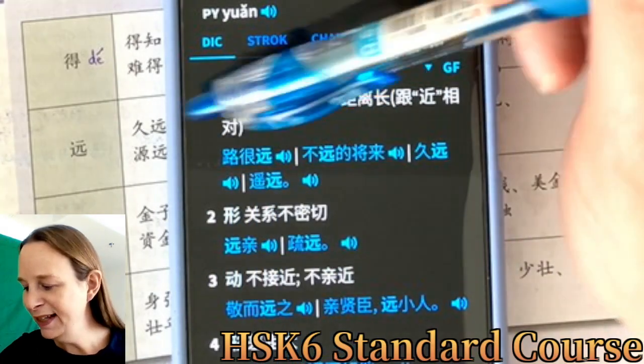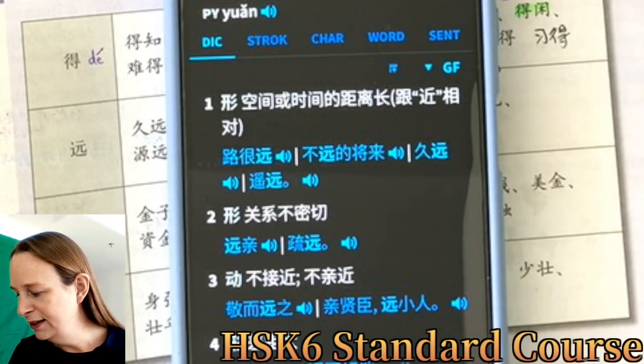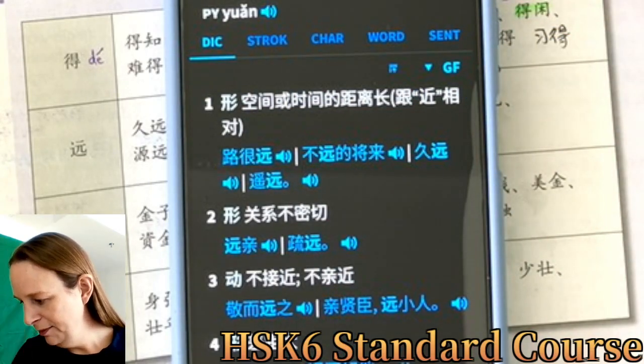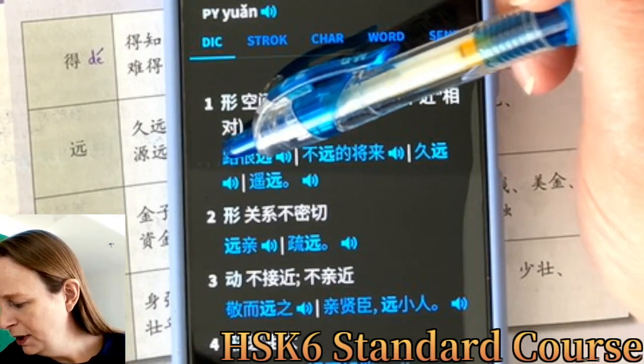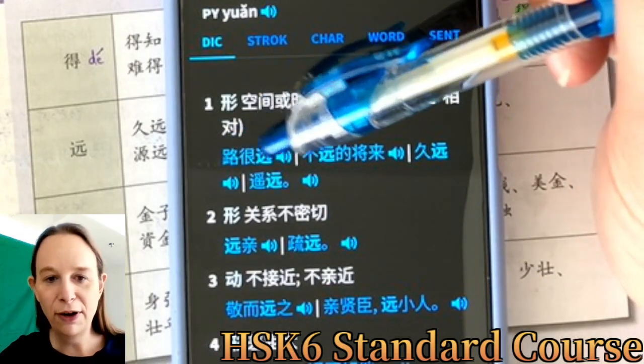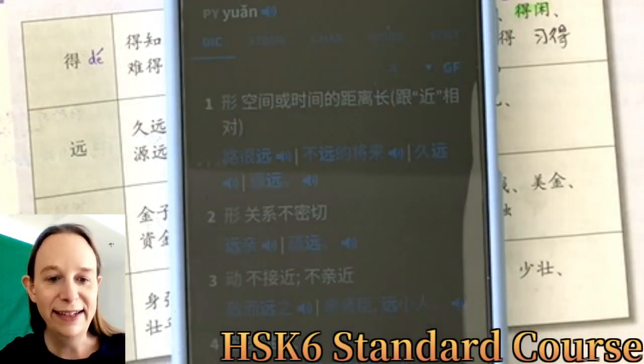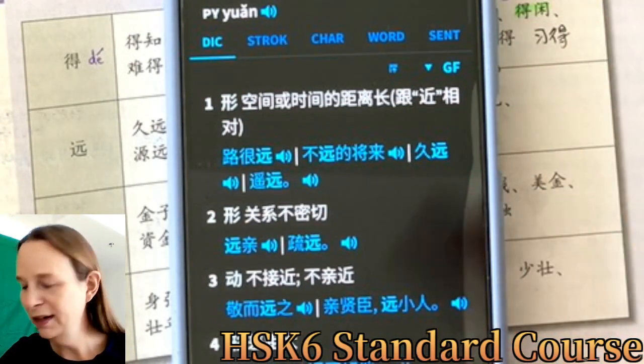Yeah, okay, so space and time. 距离长远近相对. 路很远, yeah, the road is a long way away. 不远的将来, yeah, the non-distant future.